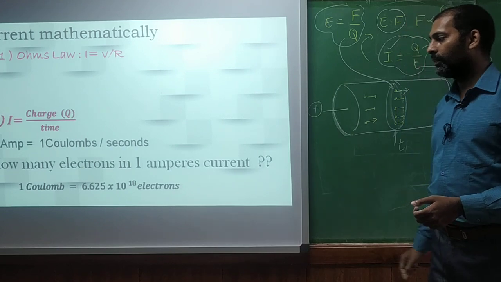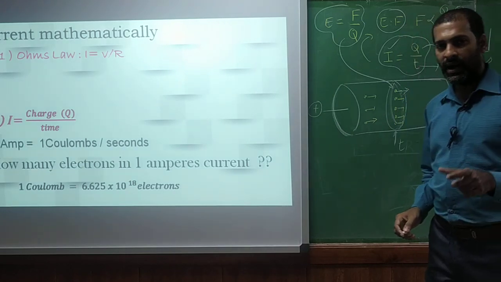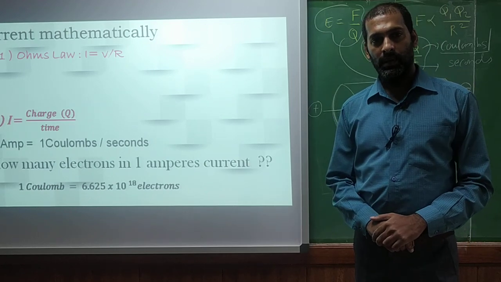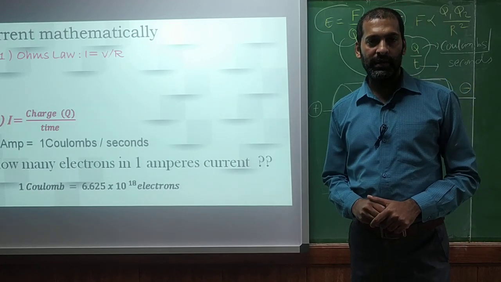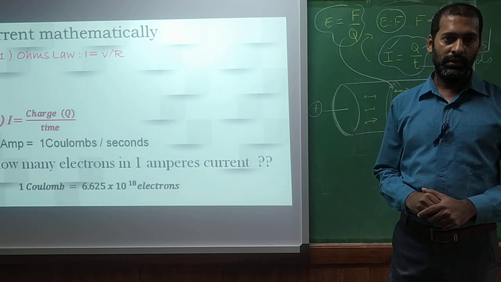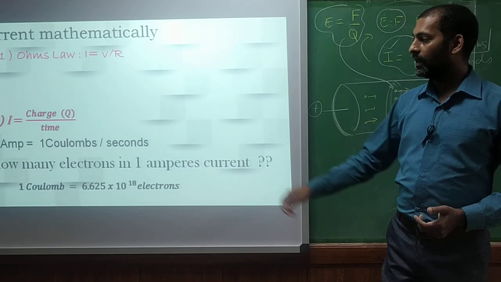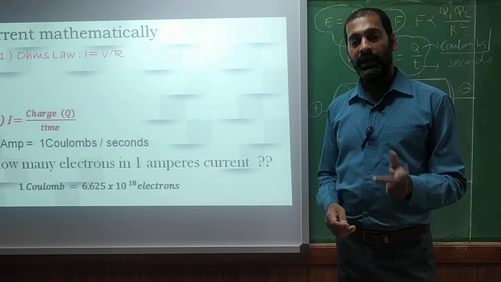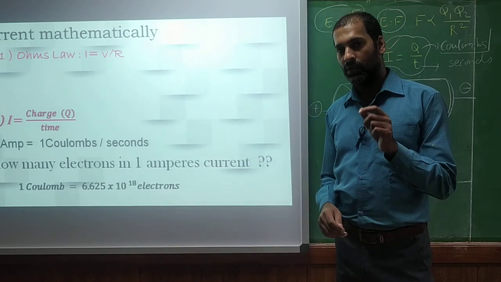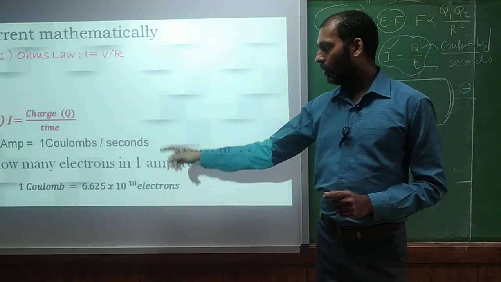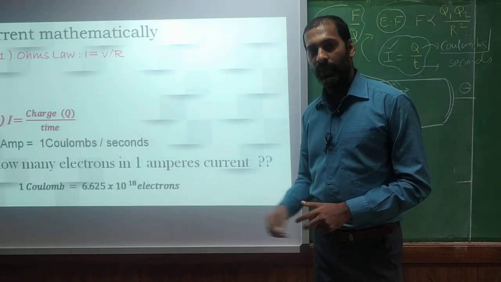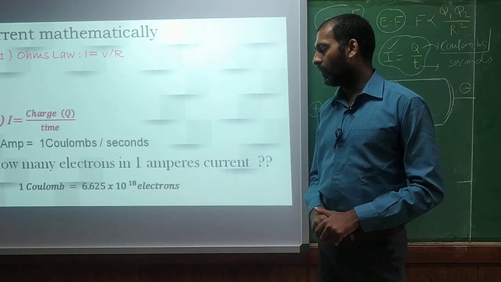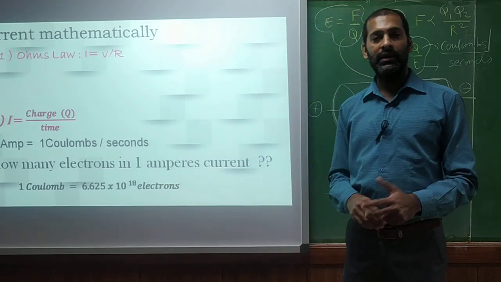1 coulomb per second. Now if I ask you how many electrons will be there in 1 ampere? This is a very tricky question. Usually we get it in objective type questions or MCQs. So most of the students feel that okay, 1 coulomb by 1 second, it will be 1. But it doesn't work like that. Here you have to pay your attention. 1 coulomb has a fixed value, that value is equal to 6.25 into 10 to the power 18 electrons.